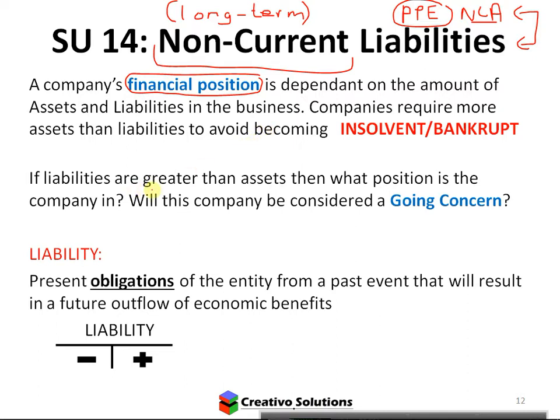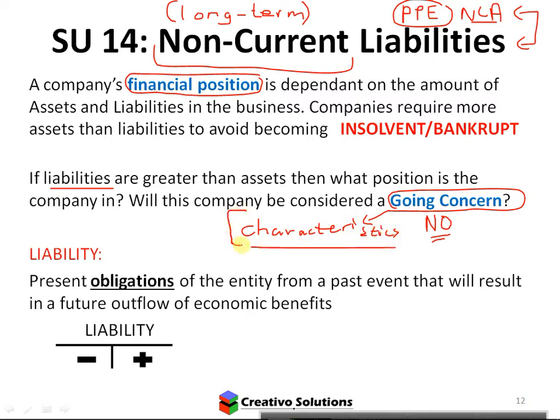Okay, so if liabilities are greater than assets, what position is the company in? A bad position. Correct. So is this company going to be a going concern? Remember, going concern came from your characteristics in chapter 1.